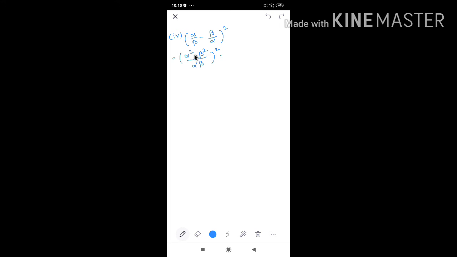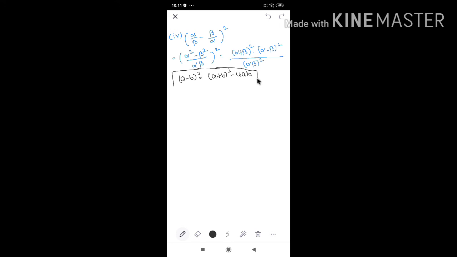So a square minus b square can be written as a plus b whole square into a minus b whole square by alpha beta whole square. So here we need to remember one formula: a minus b whole square formula is a plus b whole square minus 4ab. This is the formula.